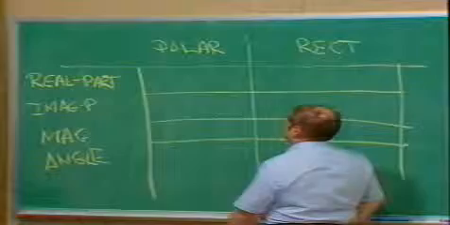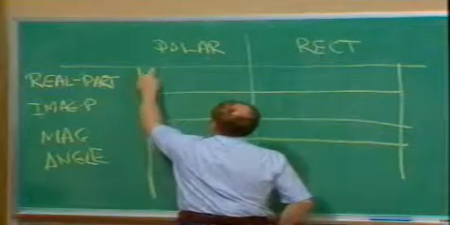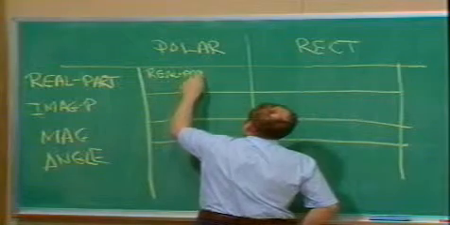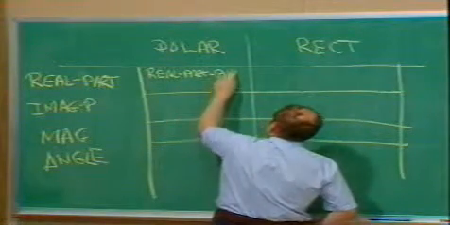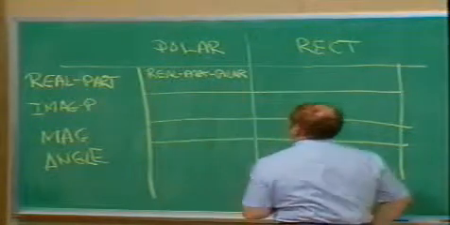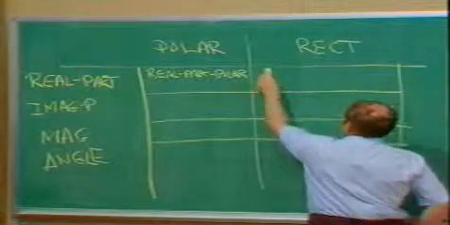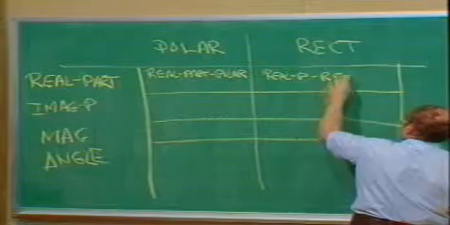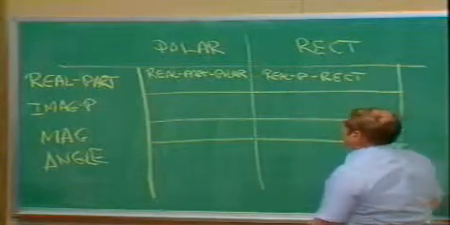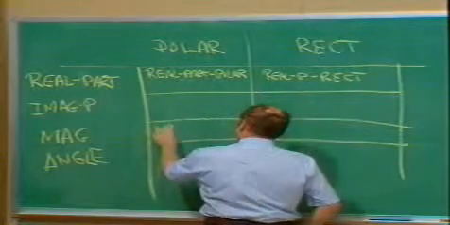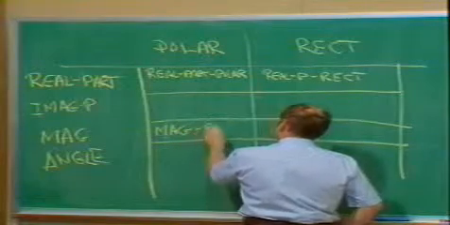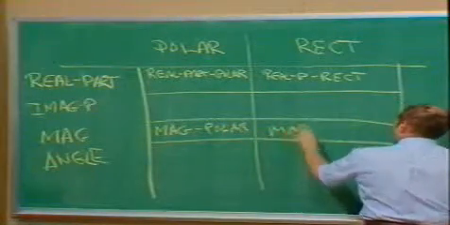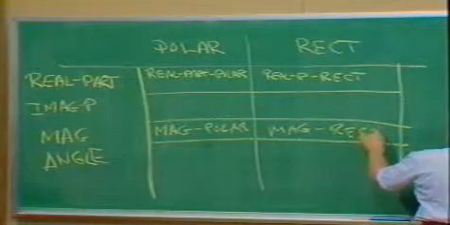So sitting here for the type polar and real part is Martha's procedure, real part polar. And over here in the table is George's procedure, real part rectangular. And over here would be, say, Martha's procedure, magnitude polar, and George's procedure, magnitude rectangular, right, and so on.